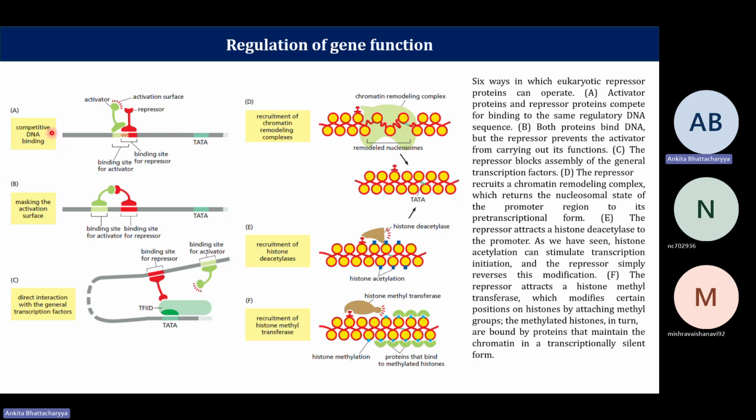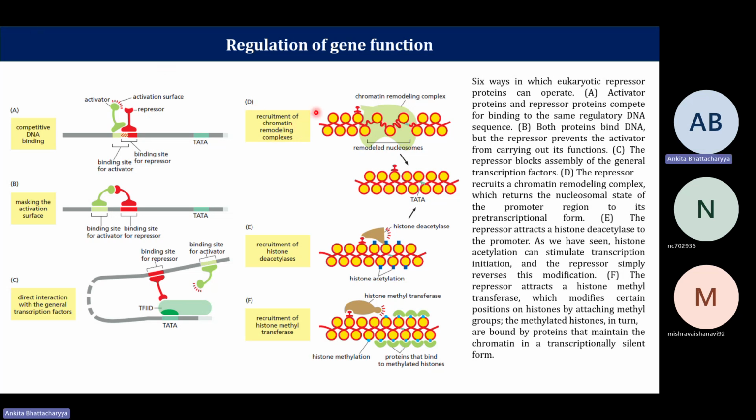Then the repressor can block assembly of GTFs, or general transcription factors. Like you see here, the assembly of the transcription factors has occurred, but the activator or an enhancer is not able to access it because the repressor has already bound and immobilized it, sequestered it.